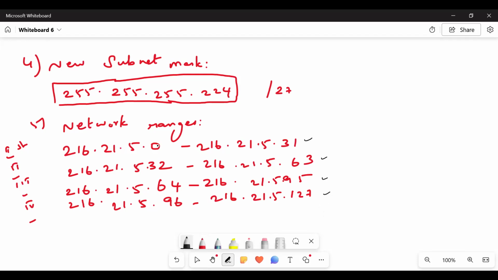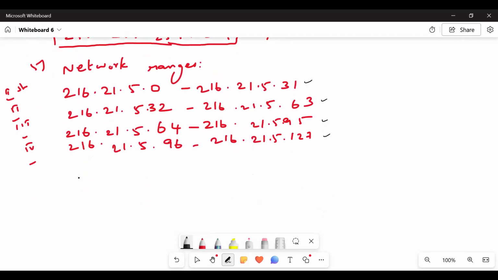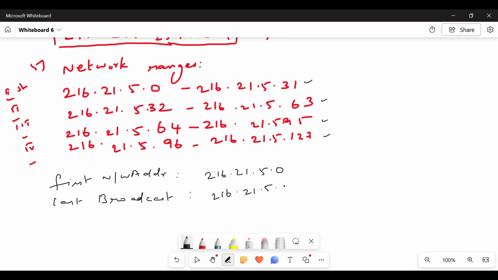Okay. So in the first subnet, this is the first network address. So in the first subnet, the first network address is 216.21.5.0. Then the last address is the broadcast address. The broadcast address is 216.21.5.31.